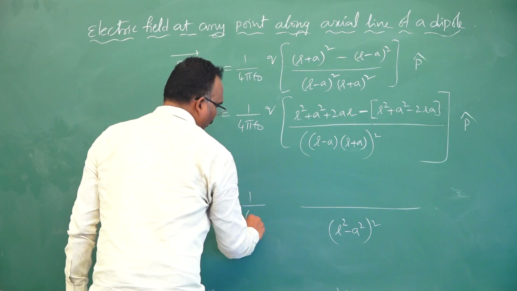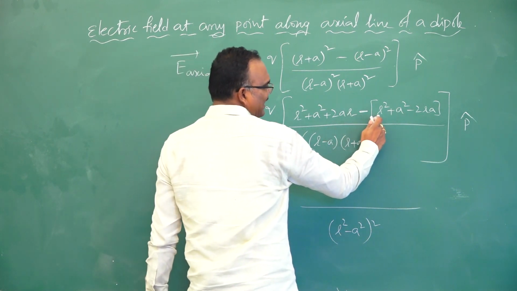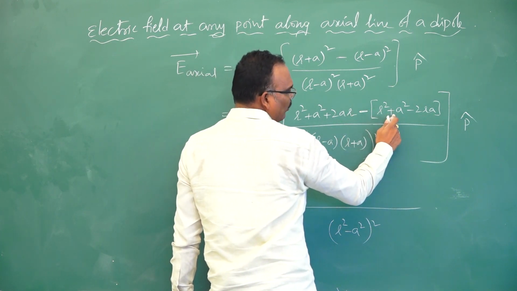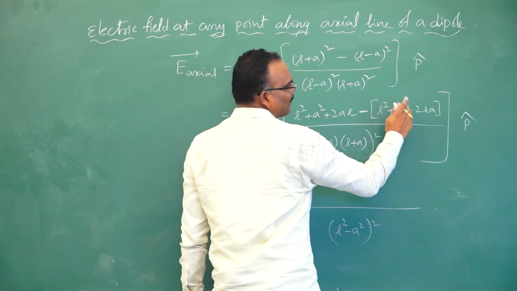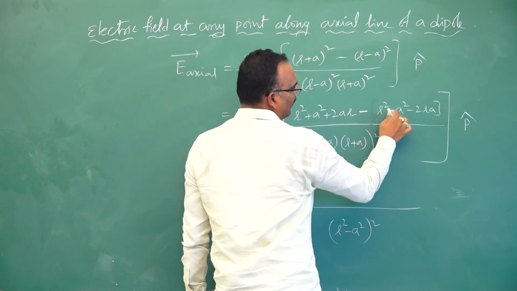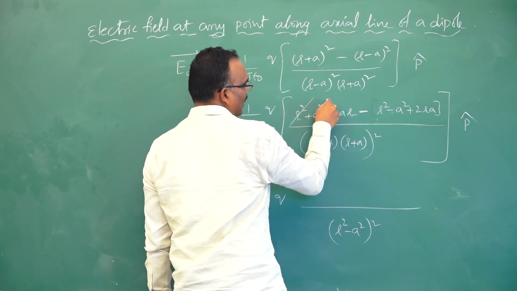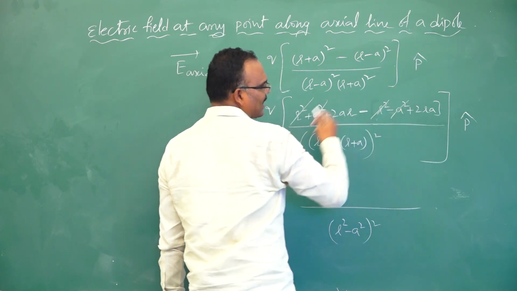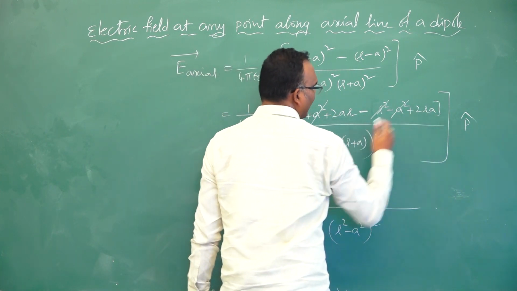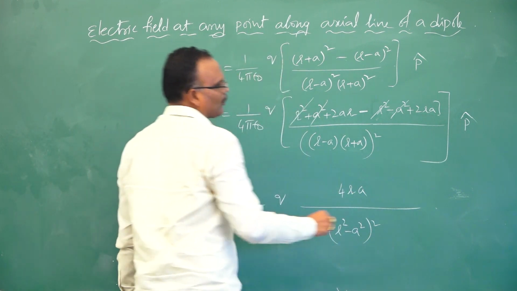This is 1 by 4 pi epsilon naught into q. If you multiply minus inside, this is minus r square minus a square. This minus goes here, it is plus. So plus r square plus a square cancels with minus r square minus a square. We have here 2ra and 2ra, that is 4ra, into p cap.